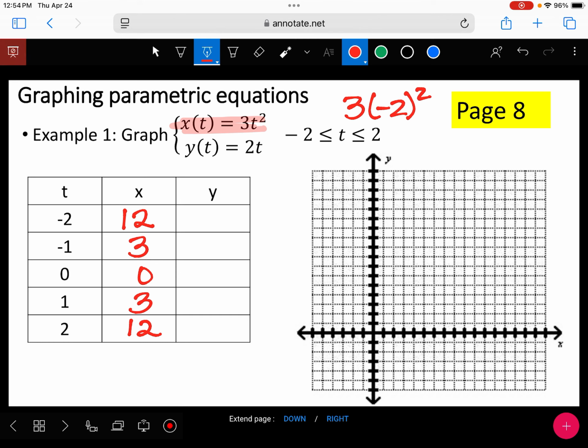All right, so who agrees with my 5 x values? Who got that? So now we're going to repeat that process.